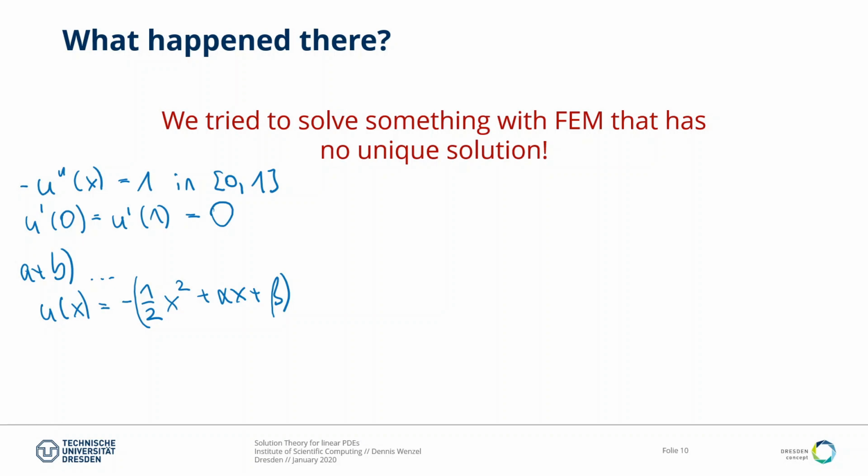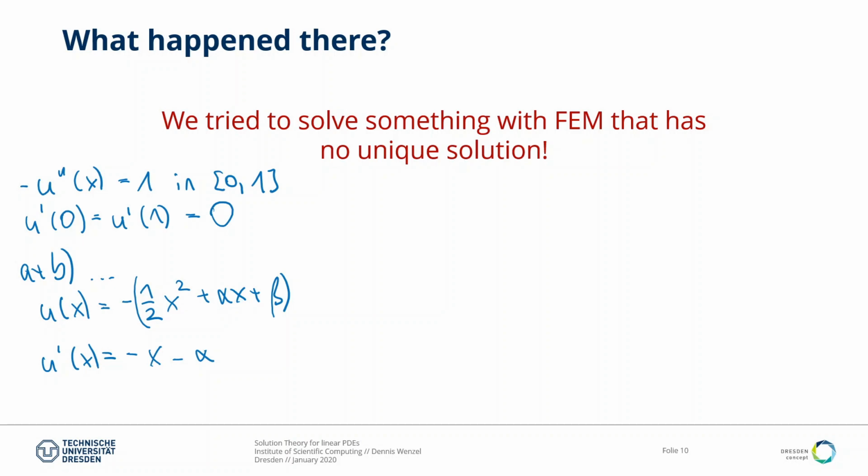Then let's do this. Let's take this function now and compute the derivative, because the boundary conditions are talking about derivatives. So u prime of x is now minus x minus alpha. So yeah, I took this 2 with the 1/2, that gives me minus x, and then the minus alpha.